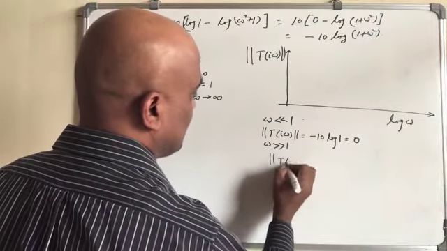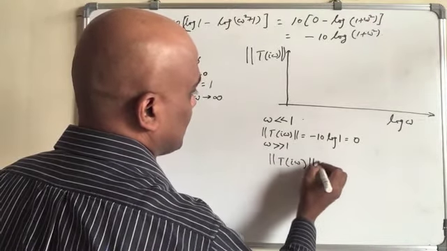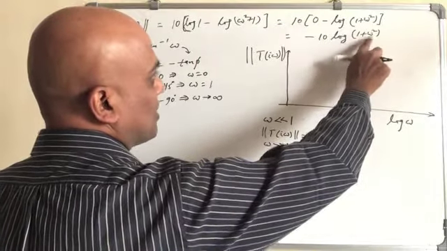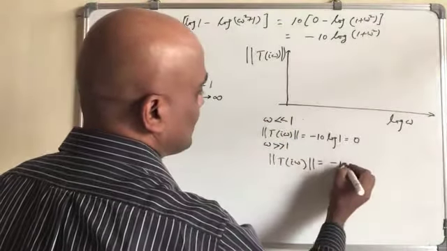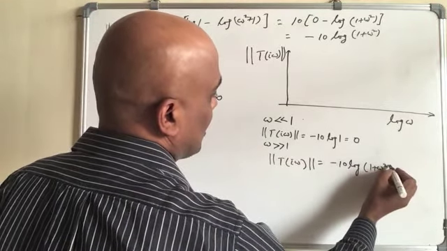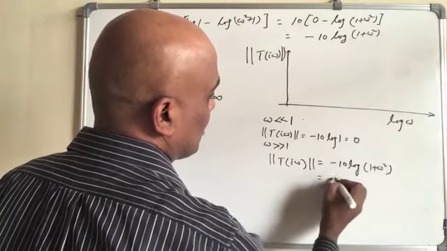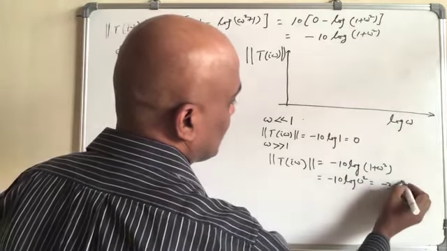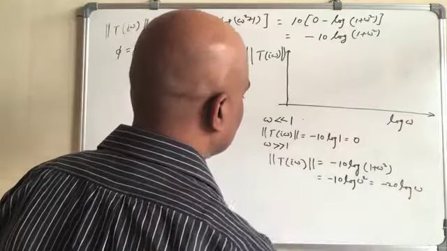We get Ti omega equal to, since this is much bigger than 1, simply minus 10 log 1 plus omega square, equal to minus 10 log omega square, equal to minus 20 log omega.